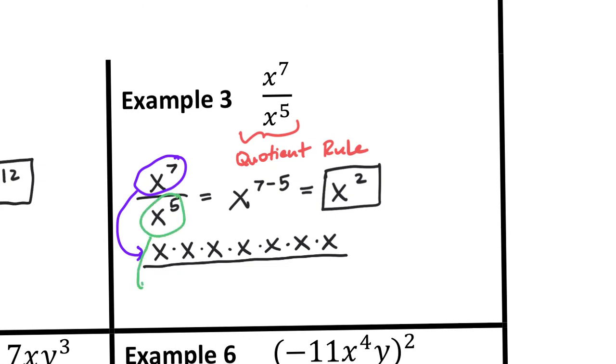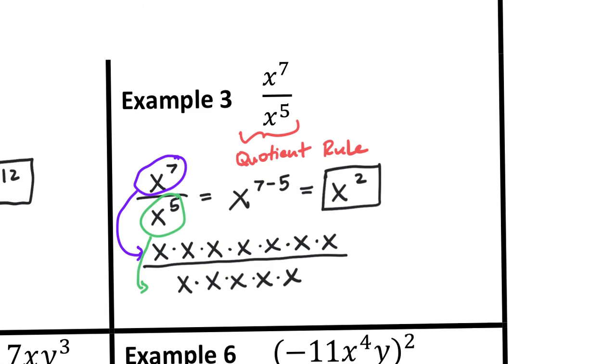And so when we write x to the 5th, it's like if we're writing x times x times x times x times x. Okay, so I have 7 x's on top, 5 on the bottom, and then they're going to cancel out.